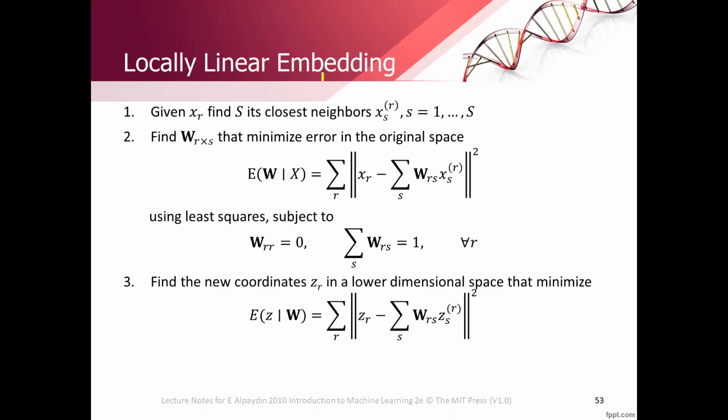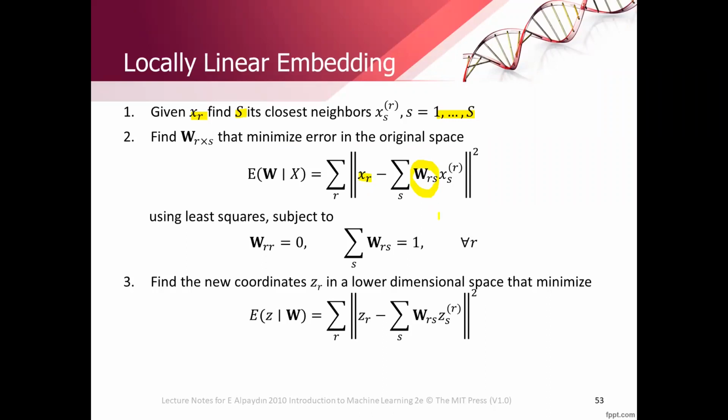So it's expressed here. For each observation xr, we find S, a set of closest neighbors. So no, capital S is the number of closest neighbors. So S closest neighbors, and we try to minimize error in the original space. So in the original space, XR minus, and here is some matrix, WRS.